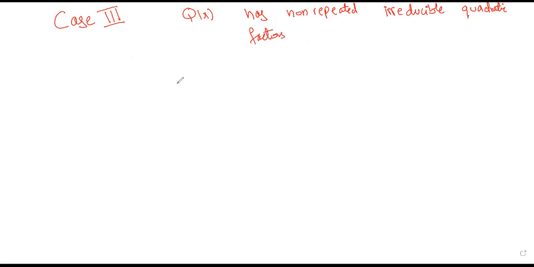So let's say we have 2 divided by x square plus 1, or maybe if we have, let's say, 2x divided by x square plus 5, or let's say we have 9 divided by x square plus 2x minus 17, right? Okay. Now, what are these cases?